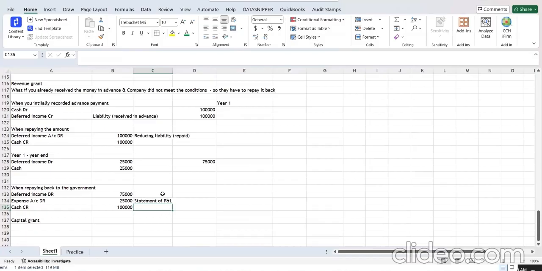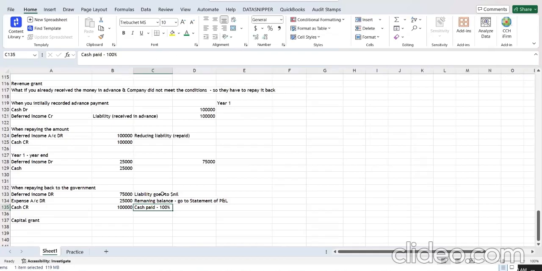So if you have already liability sitting in your books, liability goes to nil. Cash paid 100%. And then the remaining balance would go to P&L as an expense or as a loss, right?